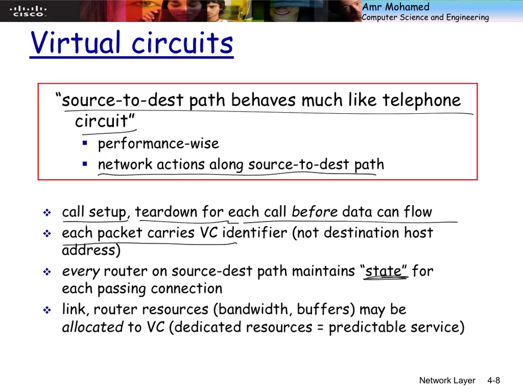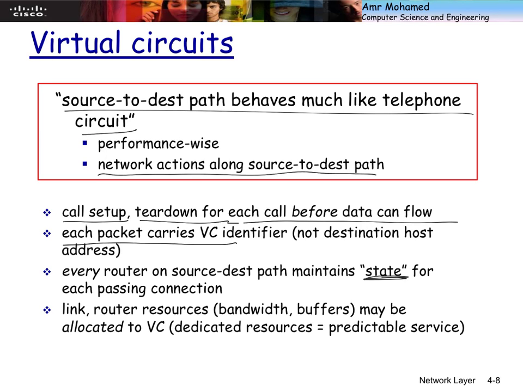So this is different from a destination address, where you put it in the packet and off you go. If you have virtual circuit, I have to wait for the call setup and confirmation, and then the first router gives me a virtual circuit identifier, which needs to be put in every single packet before I send it. So that's the difference. We'll see this using a graph.